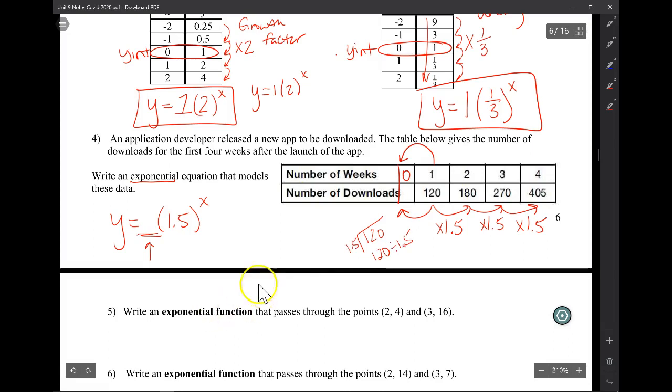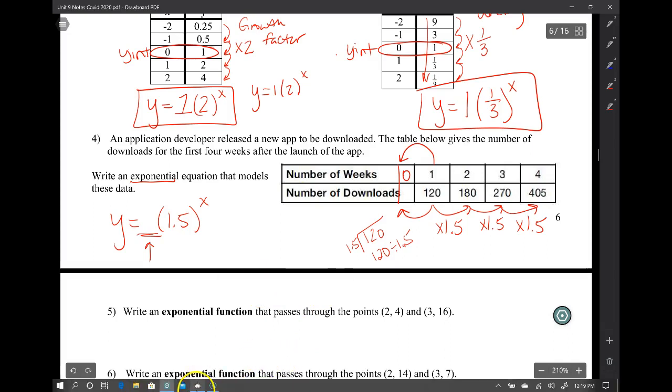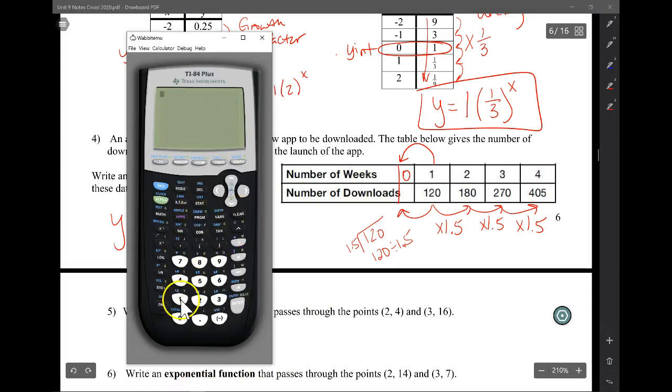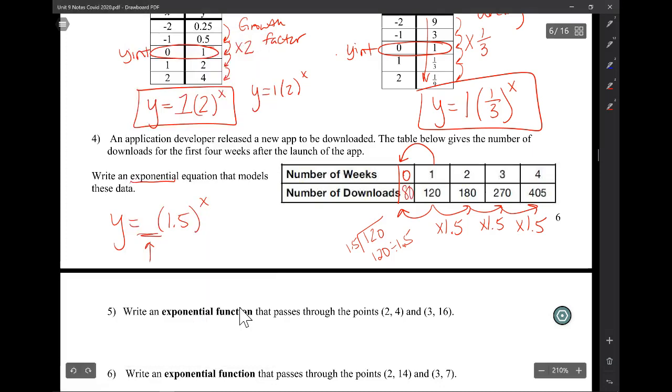All right, let's see. So 120 divided by 1.5. And so that means they must have started with 80 users before they decided to launch this app. So 80 is my y-intercept.